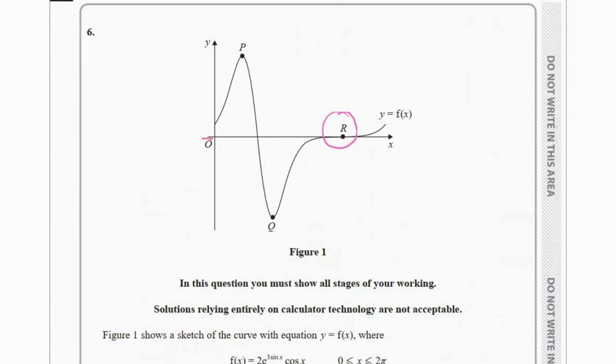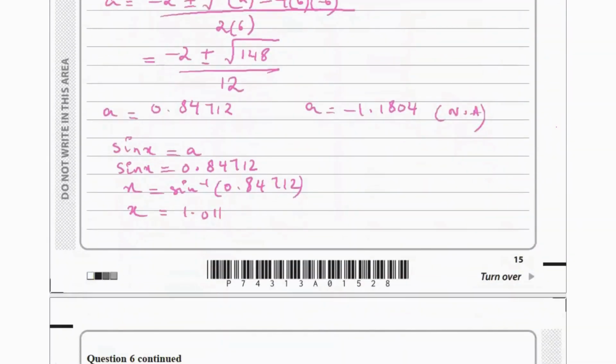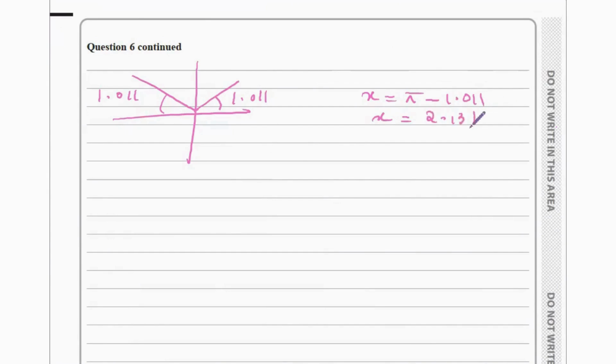So I'm going to subtract 1.011 from pi to get the value of Q. So 1.011 over here and 1.011 over here. So x is going to be pi minus 1.011, which gives us a value of 2.131. So they're asking for the x coordinate of Q, so this is your answer.